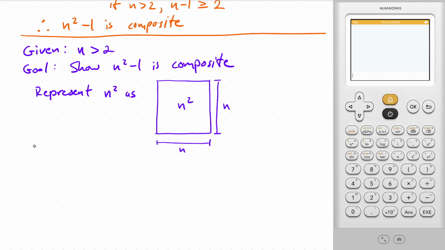So n squared minus 1 could be represented as follows.